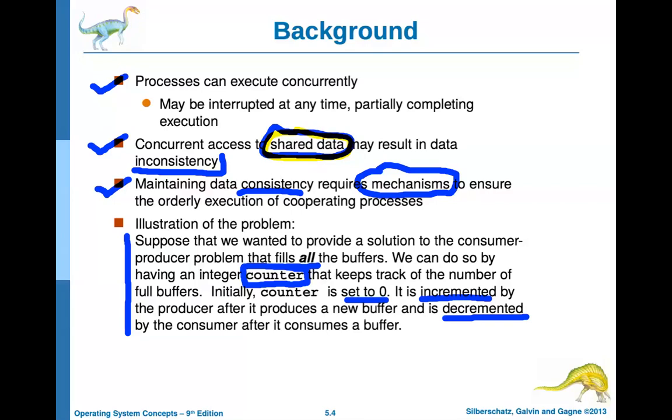The decrement operation can happen simultaneously or concurrently, or a mix of producers and consumers, increment and decrement, can happen concurrently. And this concurrent access results in data inconsistency. How? Let us see on the next slide.